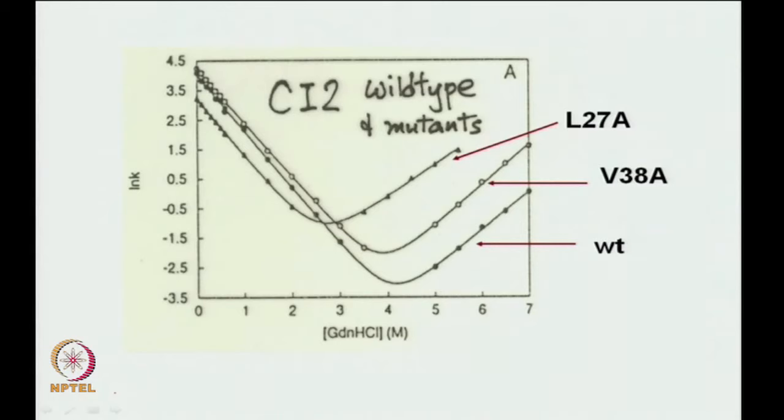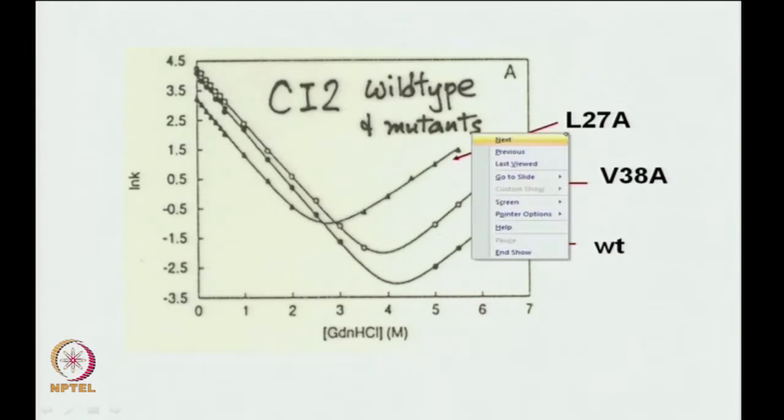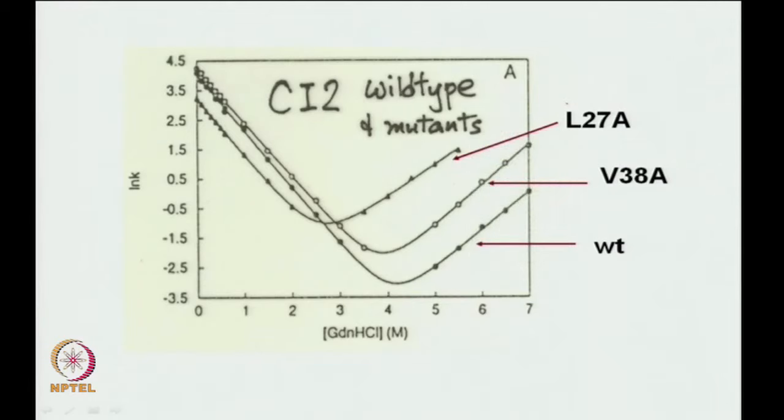One protein is your wild type WT, the other protein is L27A, where you have replaced the leucine at the 27th position by alanine, and the other one is V38A, where you replaced the valine at 38th position by alanine.